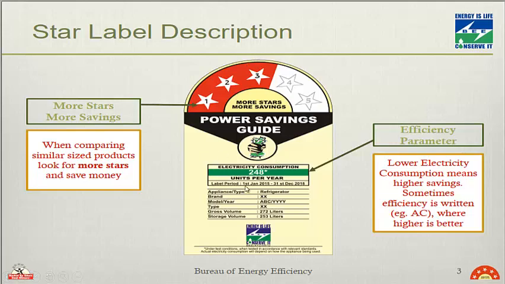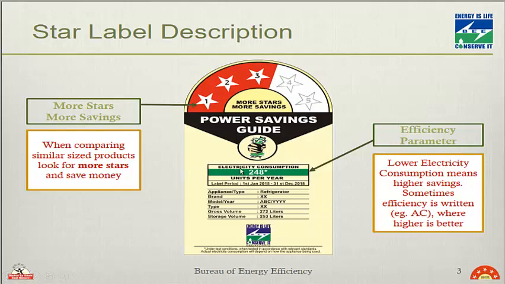This is a typical star label of a refrigerator. So this says how many stars it has. It's a 3 star refrigerator, because you will always see that 5 stars are made, but the number of stars which are labeled as red will be the star rating of the appliance.